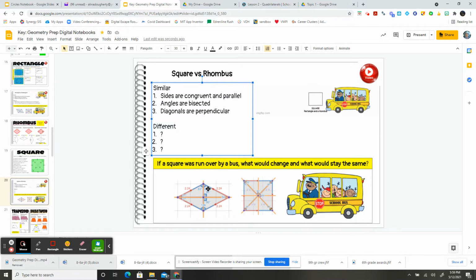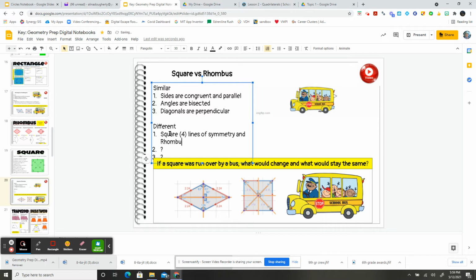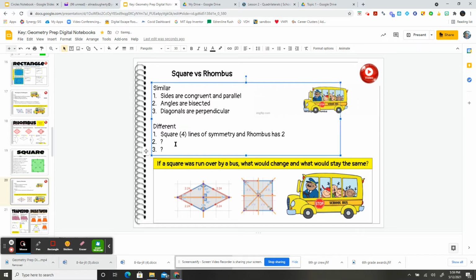We've got this square, we've got this rhombus. What's different? So some of the things that are different that I see are the lines of symmetry. Square has 4 lines of symmetry. And the rhombus has 2. Those are the ways you can fold it in half.